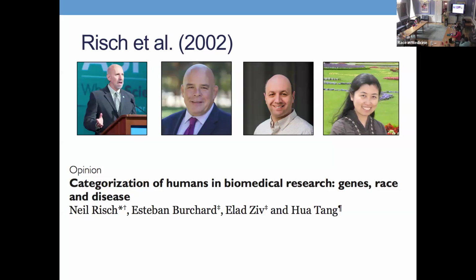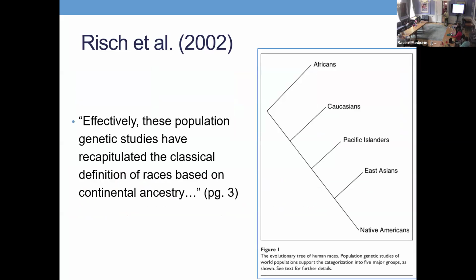In the article by Reich, Bouchard, Ziv, and Boateng, they say the following. They give a classification schema. It says effectively these population genetic studies have recapitulated the classical definition of races based on continental ancestry.